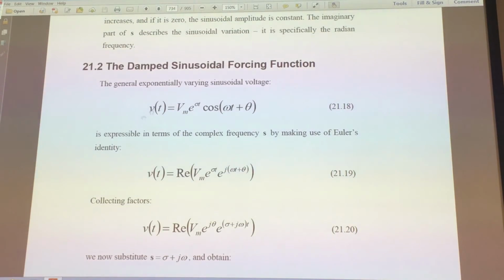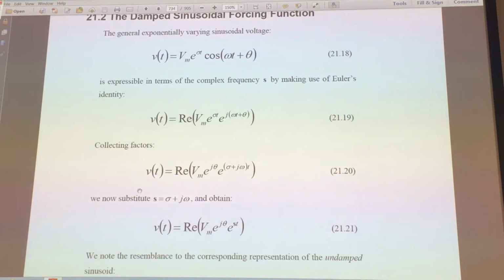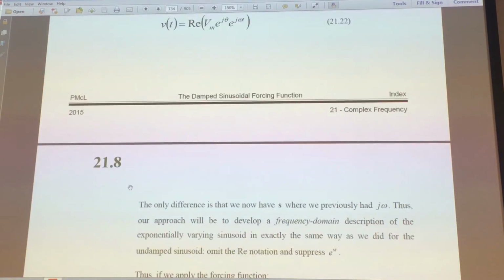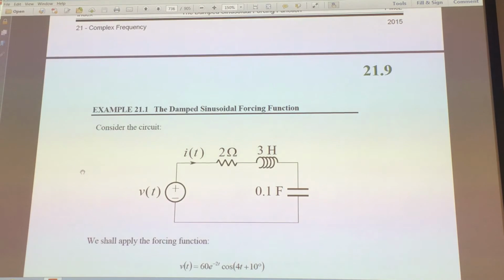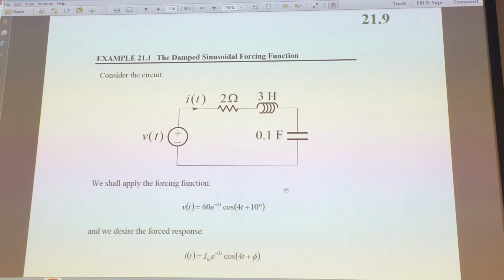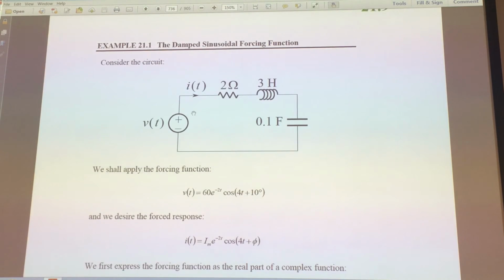So now we can again skip the maths here, and let's see how we actually apply it in calculations.